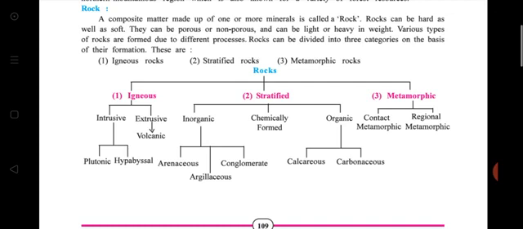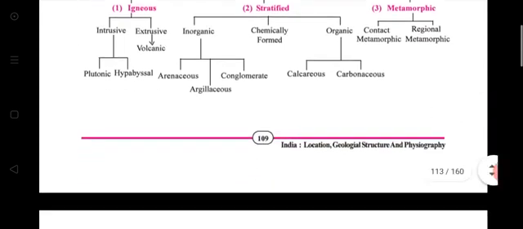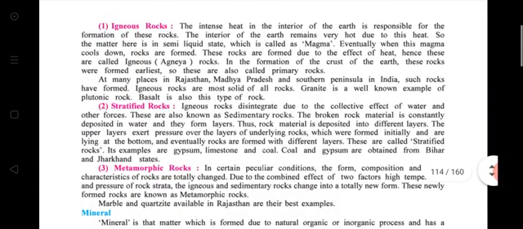Then also the subtypes of these three: intrusive, extrusive, inorganic, organic, chemical, contact, regional, plutonic, volcanic, etc. These three types of rock we have studied in detail, right?